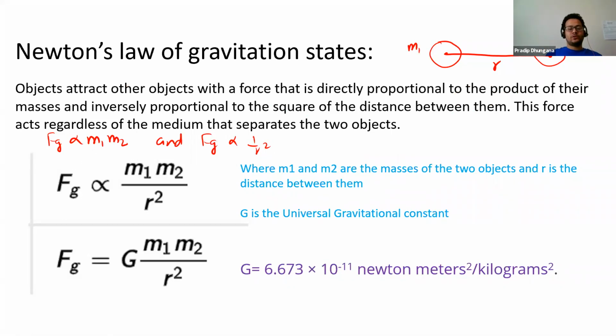If we combine those two, we get that equation. And when we remove the proportionality constant, we get Fg equal to G times the product of masses over r squared.